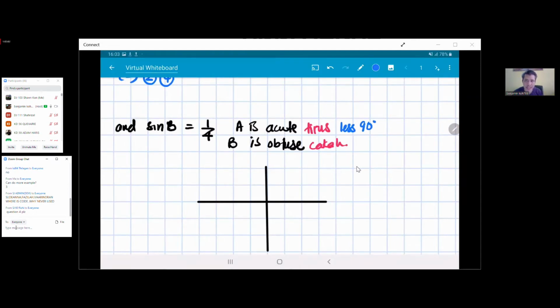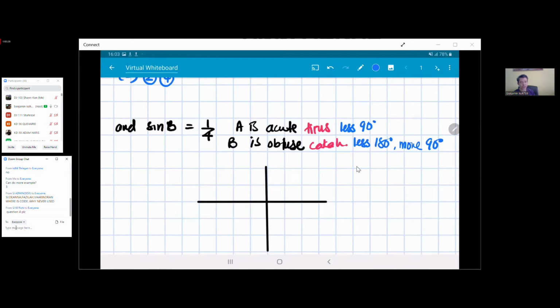Obtuse ataupun cakar, that means this will be less than 180, but of course it must be more than 90. Kurang daripada 180 tapi lebih daripada 90. So contohnya 150 degrees, yang tu ialah obtuse ataupun cakar. Another example, 120 degrees, yang tu pun ialah obtuse ataupun cakar.